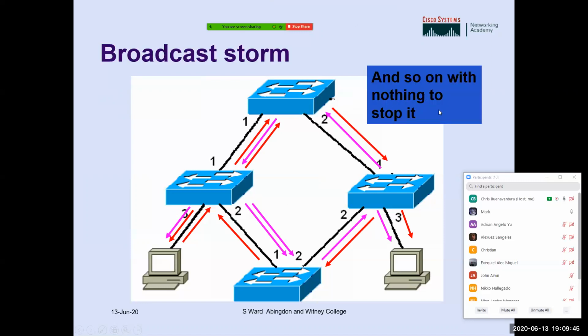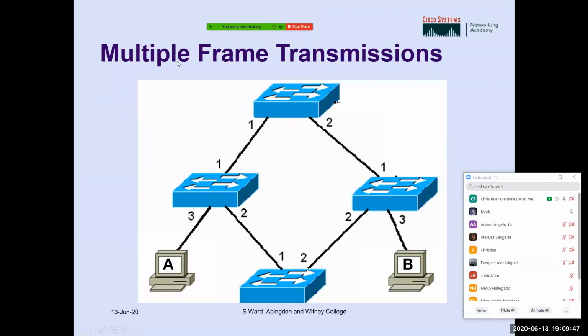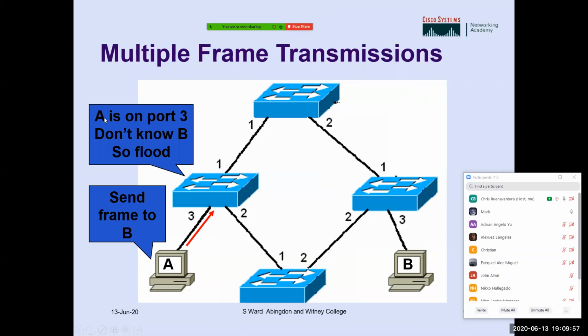And nothing stop it. Next problem with looping is multiple frame transmission. Remember, we send the frame to interface 3 dito sa switch. Sabihin ng A is on port 3 kasi dito nag-originate. No? If you type show MAC address, makikita niyo port 3 has MAC address 90. Okay?